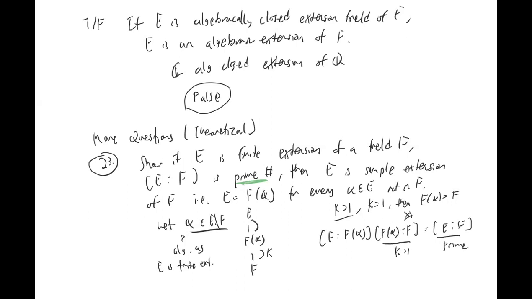So if this is also bigger than 1, we have a contradiction, because a prime cannot factor into two things that are bigger than 1. Agree? So it must be that this is actually equal to 1.